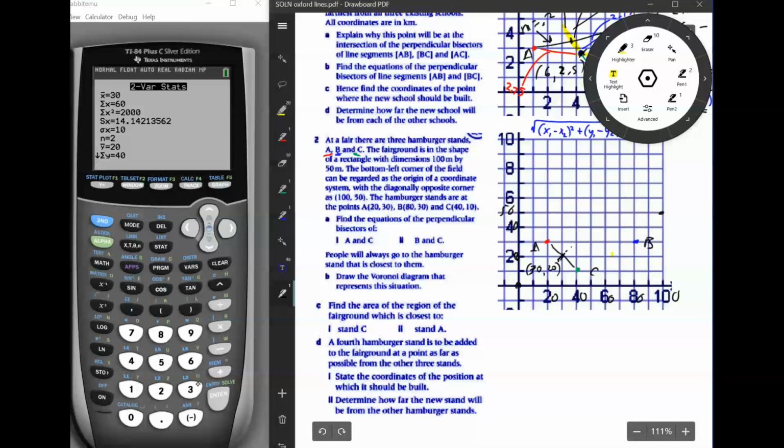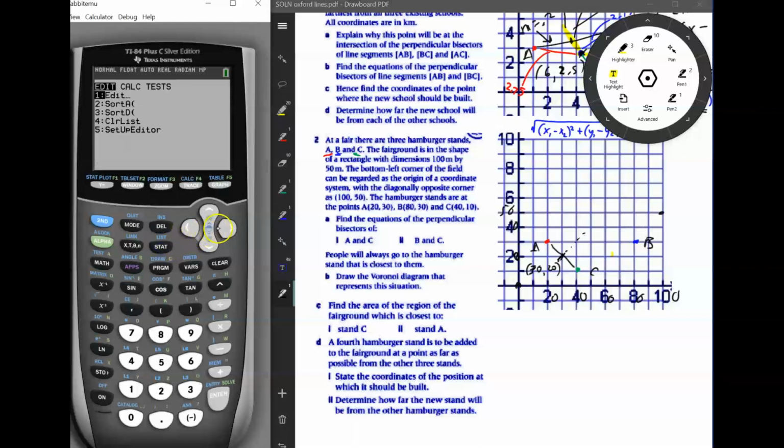And then what we want to know is the slope of the black line which connects AC. We can find that by looking at the slope value given in stat calc ln reg, L1, L2 blank. And the A value is going to give us the slope. It is -1.